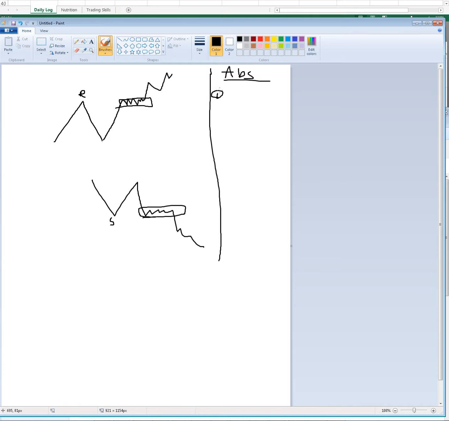It's going to be hugging. I can't really describe it better than that, but it's going to be like tagging, holding, hugging, attaching, or whatever you want to call it. But it's going to stay in that area.